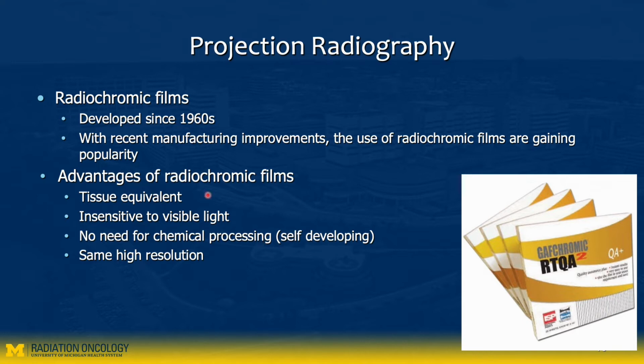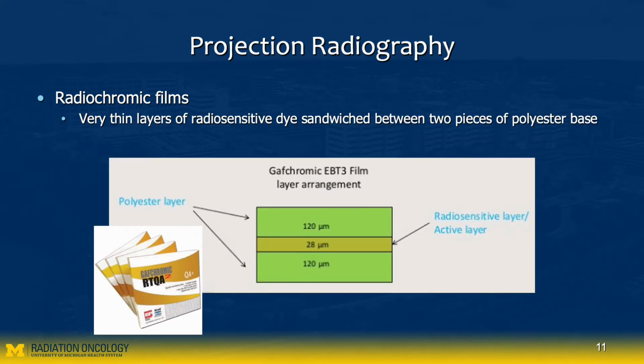That's why in our department we got rid of those image processors. It is self-developing. I have some video I'm going to show you later. It also has the same high resolution as radiographic film. There are many different kinds of radiochromic films, but here I have an example of radiochromic EBT3 film.